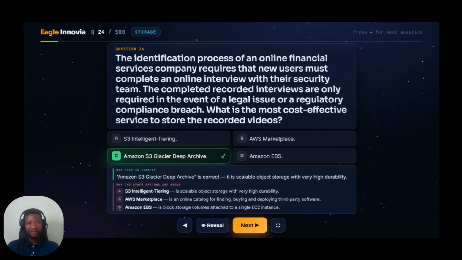But since the recorded interviews are only required in the event of a legal issue or a regulatory compliance breach, something that may not happen frequently, it's better to store the data in Glacier Deep Archive such that it can only be retrieved when needed, and that is both safe and cost efficient.